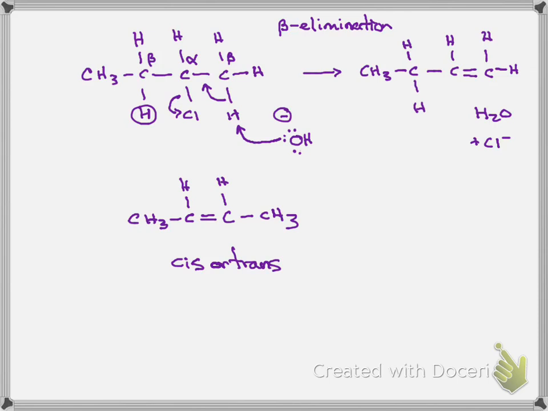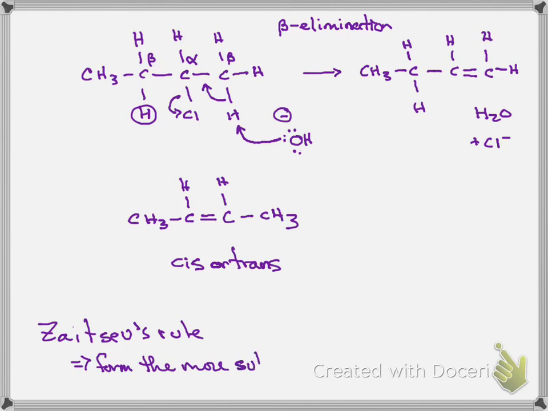So Zaitsev was, again, I think about a contemporary of Markovnikov. And Zaitsev basically said, you do a beta elimination to form the most stable double bond. But it turns out that means the more substituted double bond.